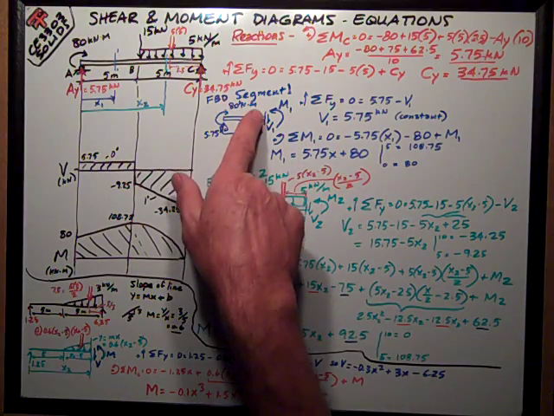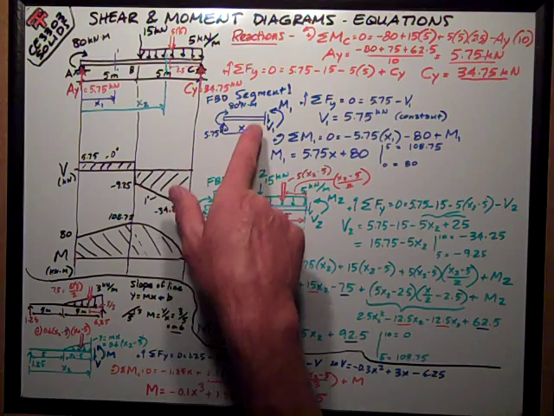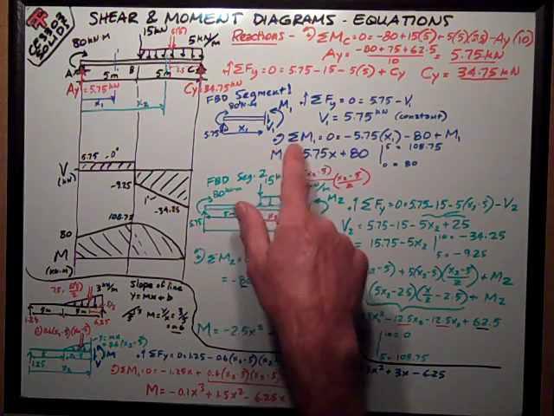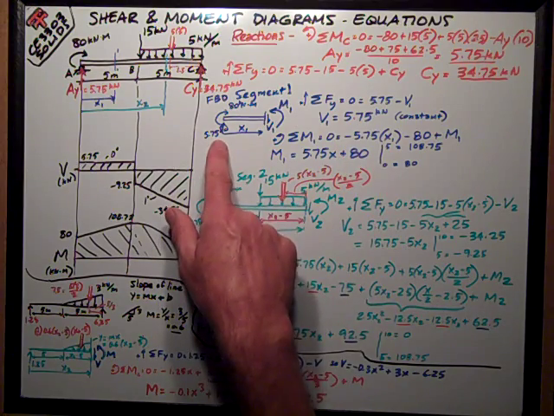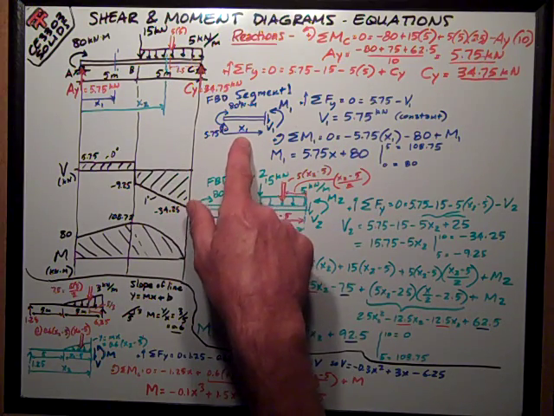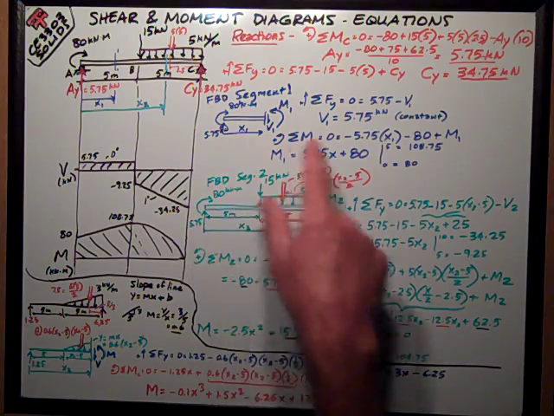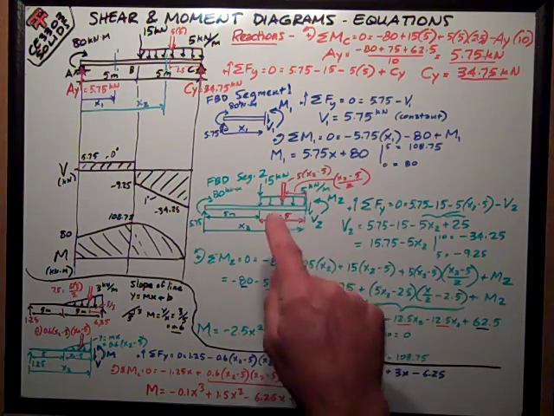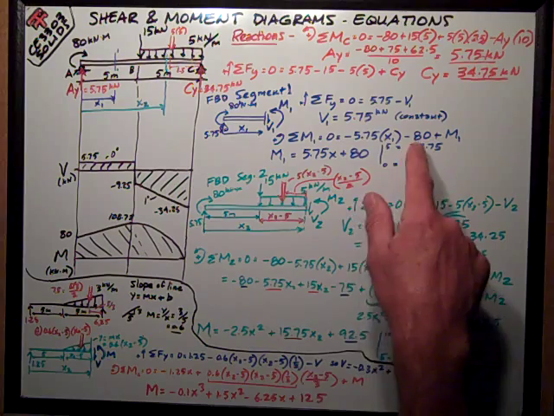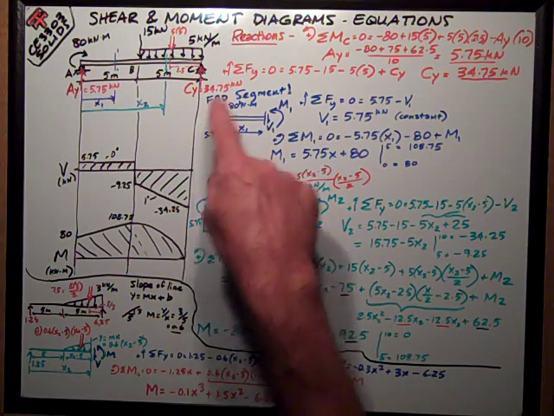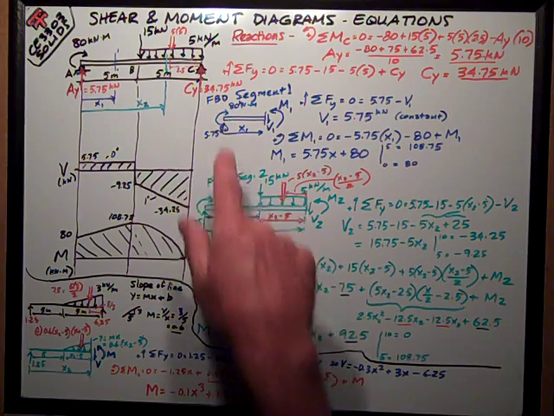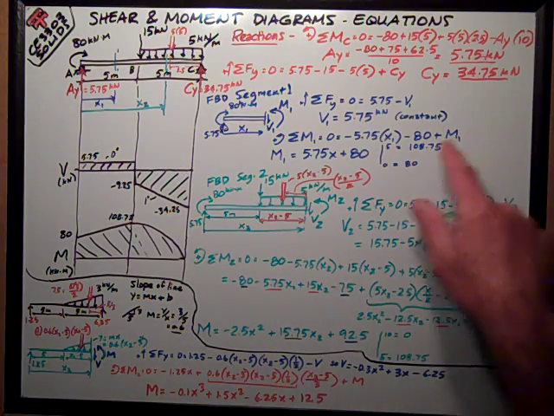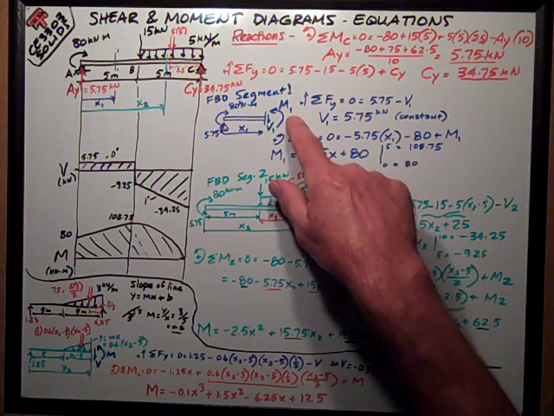Doing sum of moments about this point where I've cut my section, which I call point 1, counterclockwise positive, it's equal to 0. I have minus 5.75 times this variable dimension x1, clockwise, so it's negative, minus 80, because this is a clockwise moment, my external force, moment couple, plus M, my internal moment reaction.